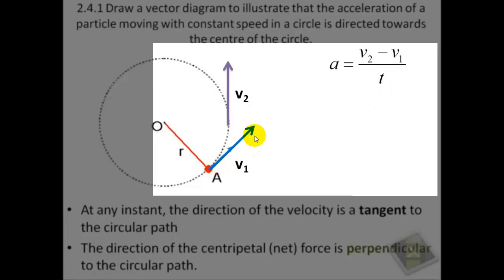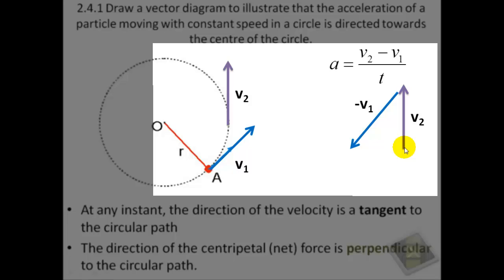Now we can represent these two as vectors. So this is v2, which is this value here, minus v1. Now v1 is going in this direction, so negative v1 is going in the opposite direction. So negative v1 is going downwards like this.